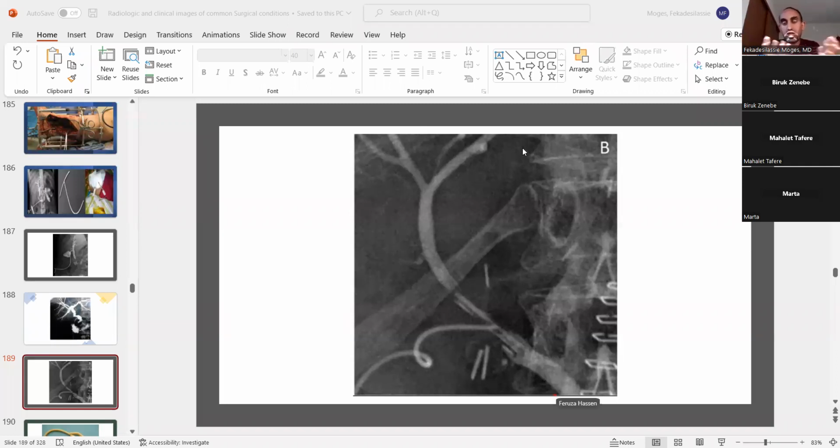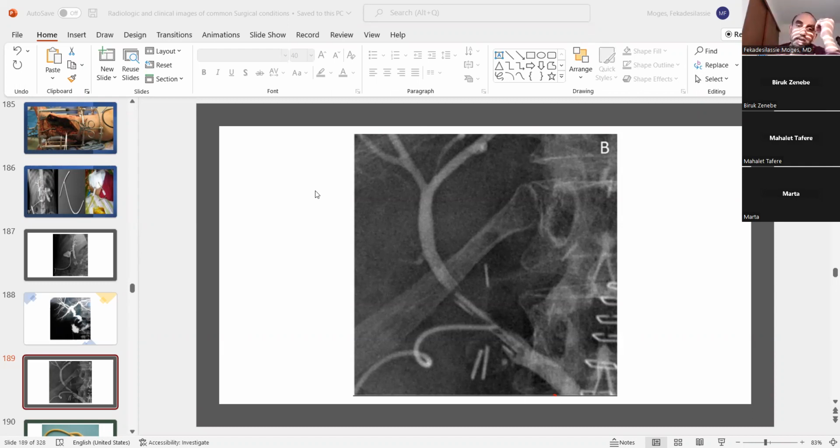And then you see the patency. You can see the stones coming out, and at the same time you can see the bile clearly coming into the second part of the duodenum. You can visualize that with endoscopy, with ERCP.